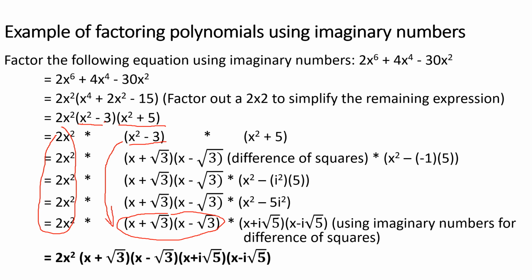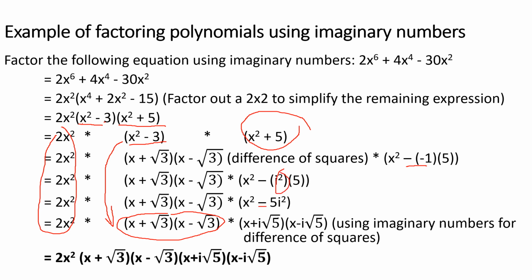But on the other side, we're going to use our imaginary number component. X squared plus 5, that's the same as x squared minus negative 1 times 5. Because minus negative 1 is the same as plus 1. So it's x squared plus 5, but now I've just renamed it as minus negative 1 times 5. Well, negative 1, as I said before, is i squared.